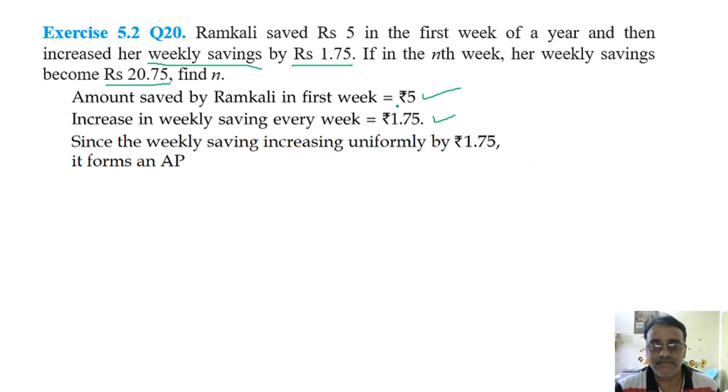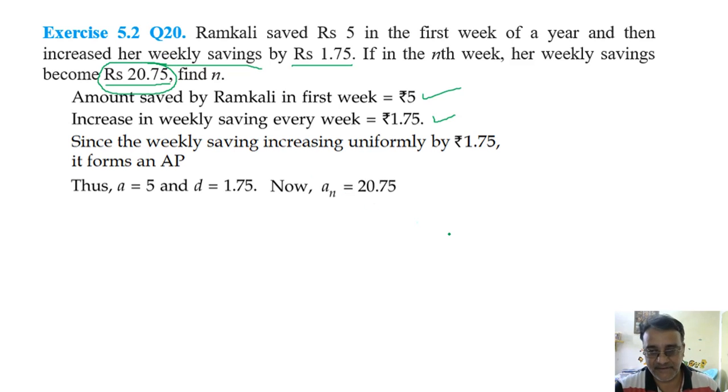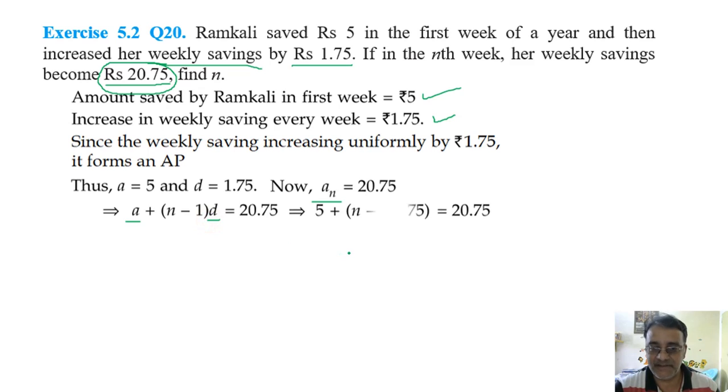A is 5 and D is 1.75. Now we will take this as An, that is 20.75. Now what is the An formula? A plus n minus 1 into D is equal to 20.75. Now we'll substitute the value of A, that is 5, and D, 1.75.